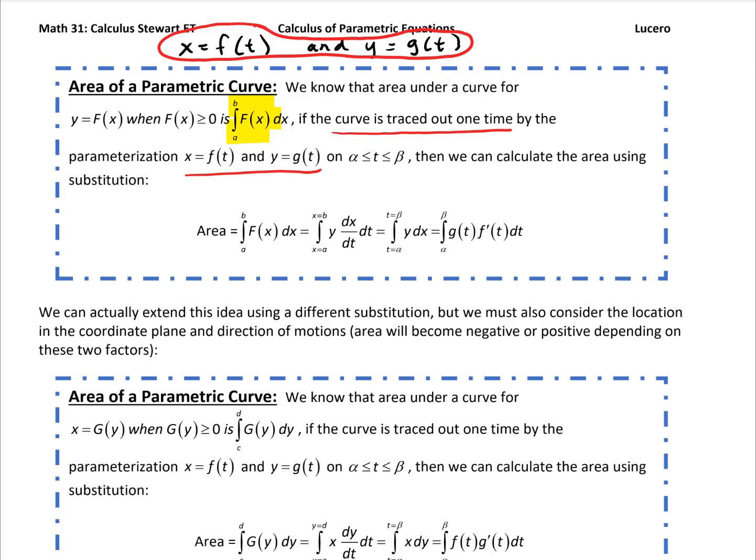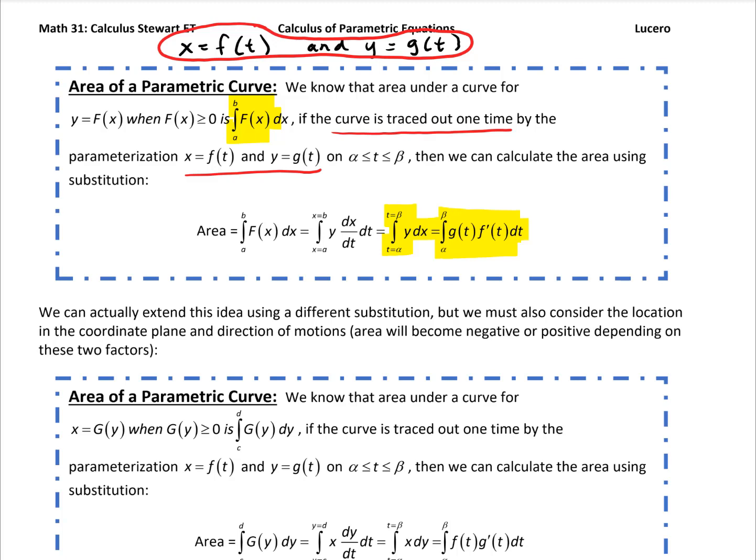We end up finding that the area is the integral from t equals alpha to t equals beta of y dx, which, if we make those substitutions, is g of t times f prime of t dt. We're literally just making substitutions here. We're saying that dx is f prime of t dt, and we want to integrate with respect to t.